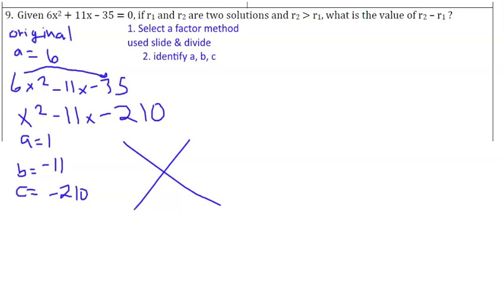Draw your X, your product is negative 210, and your sum is negative 11. Find two numbers that multiply to give you negative 210 and add to give you negative 11.